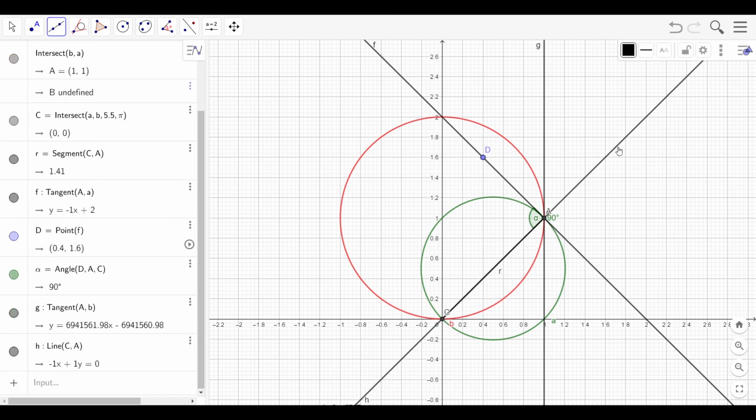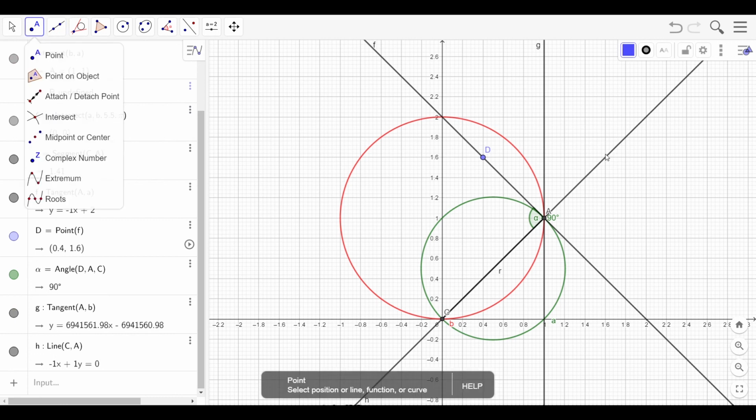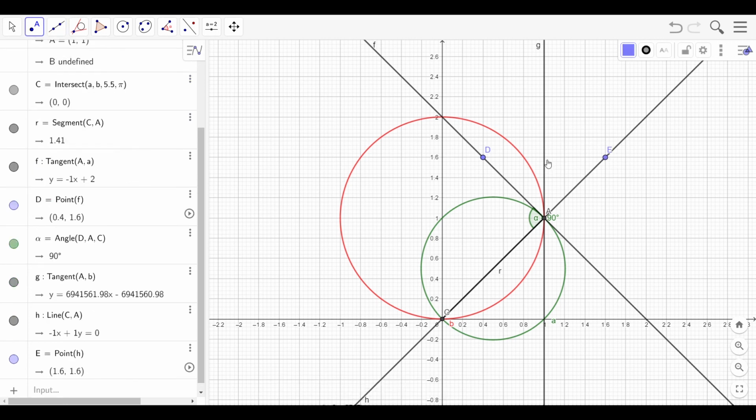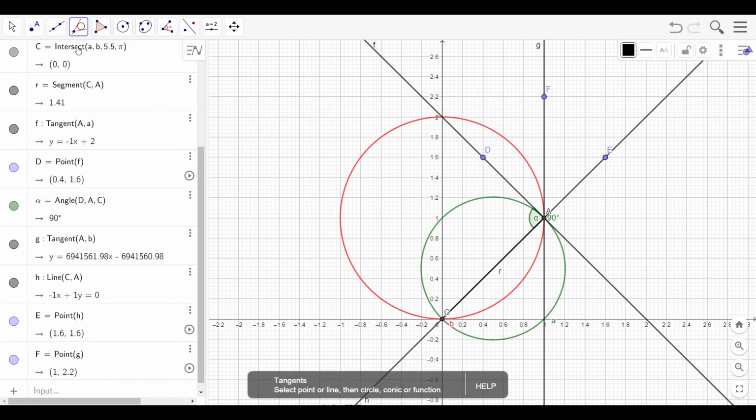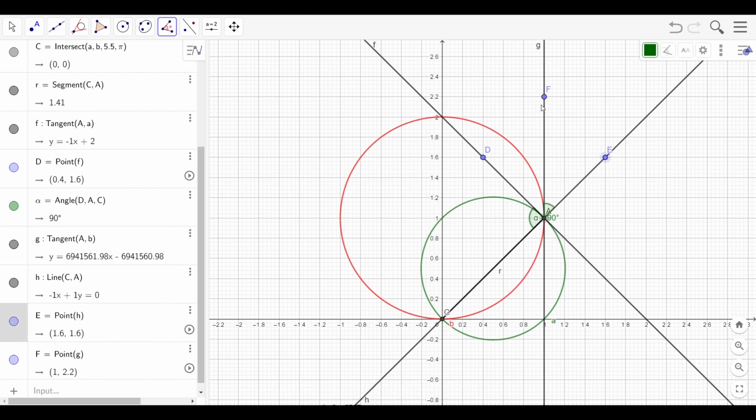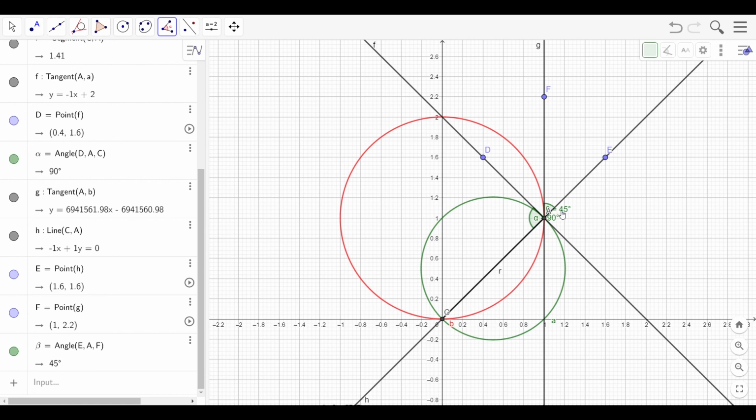Then you mark a point here, consider the radius vector and the tangent, and consider this angle. You can see that it is 45 degrees. So the angle between these two curves will be 90 minus 45.